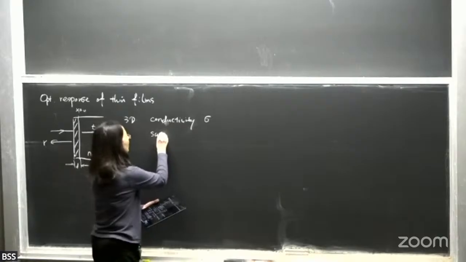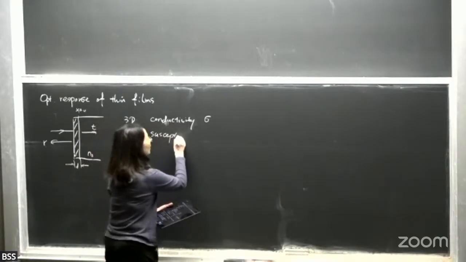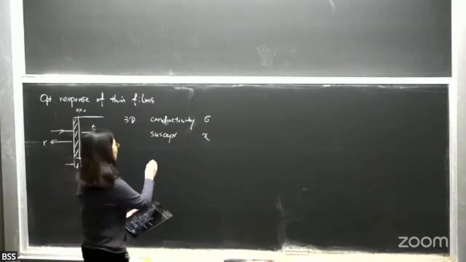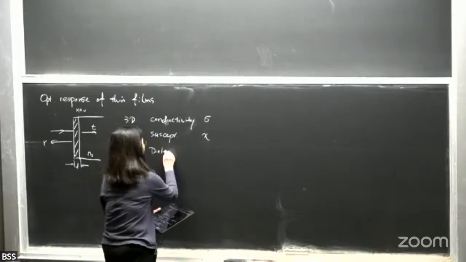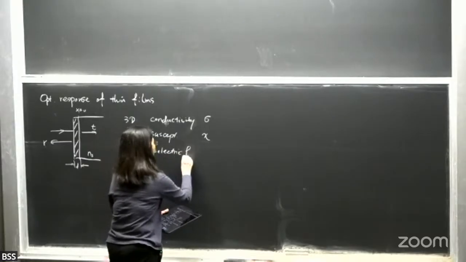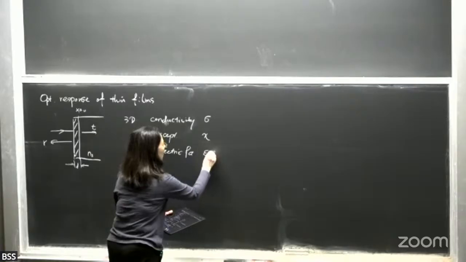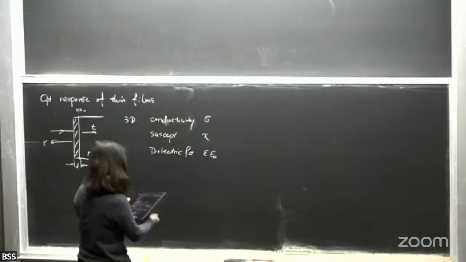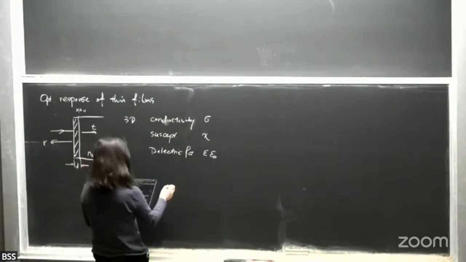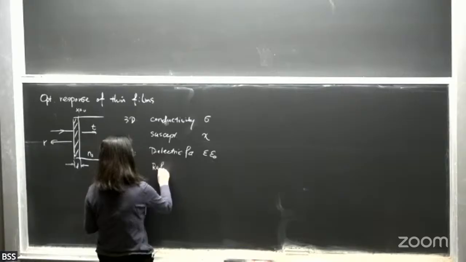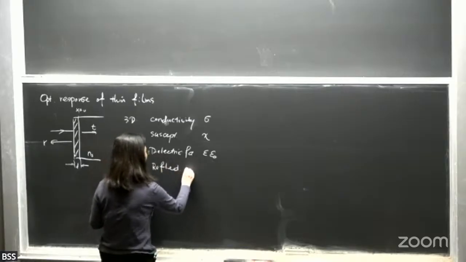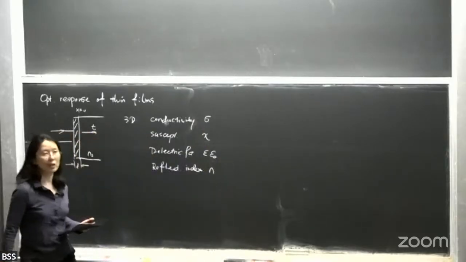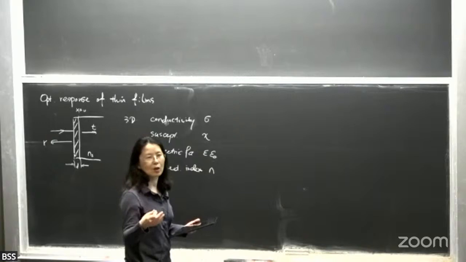Sometimes you say susceptibility, that's chi. And you also hear people talk about the dielectric function, that's epsilon and epsilon naught, where this is the vacuum permittivity. Or optics people often talk about refractive index. And all those are complex functions of frequency or wavelength, right?